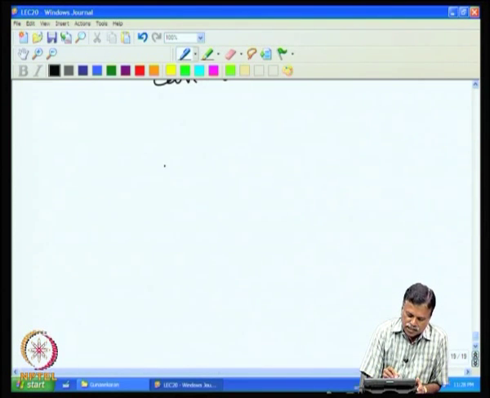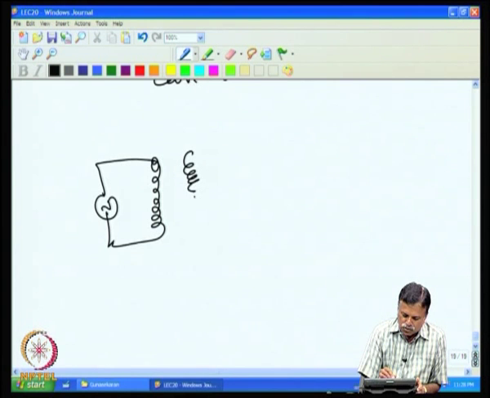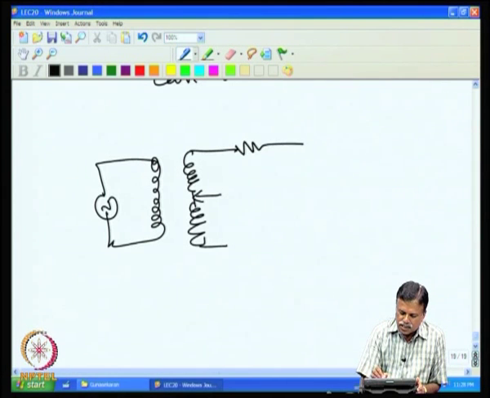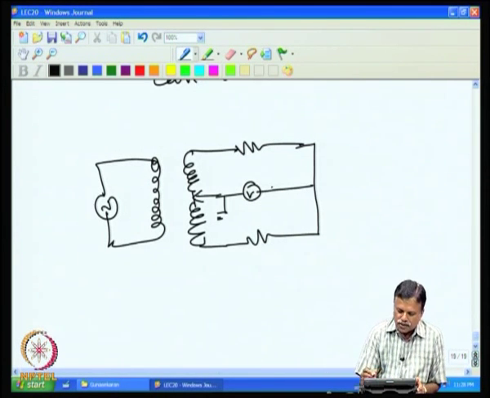For example, if I take the circuit again, look at it carefully: you have the voltage source connected here, and then you have the center tap, and then we have the two resistances connected here, and this point is grounded and the voltmeter is connected here.